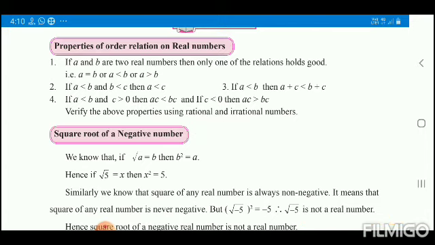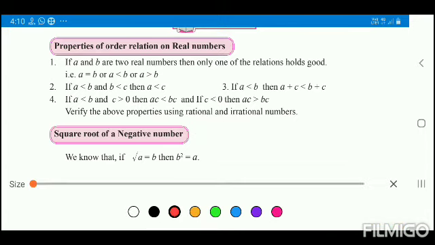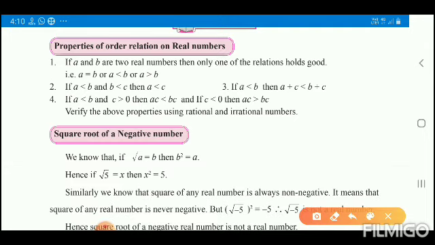Now we will see the second one, that is, if c is less than 0, meaning we can take any negative value. I will take c as negative 3, which is less than 0. Then ac is greater than bc. Now we will take a is equal to 4 and b is equal to 2. Any value we can take.